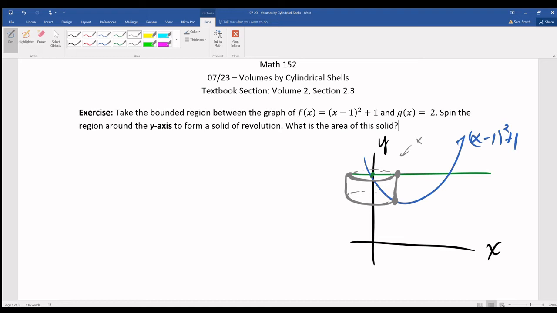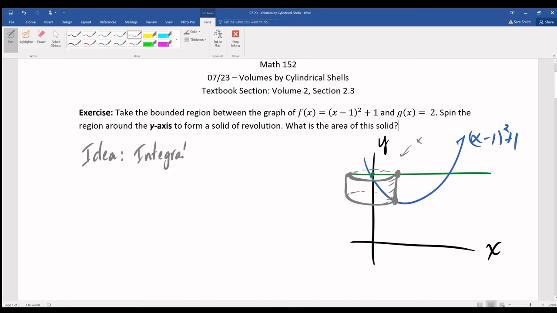So I am still taking cross sections of this volume, but I'm not taking them with a bread knife this time. I'm taking them with a cookie cutter in some sense. I am taking cylindrical cookie cutter cross slices out of this solid of revolution. And so I'm going to try to add up the surface area of each of these cylindrical cross sections. So here's our idea.